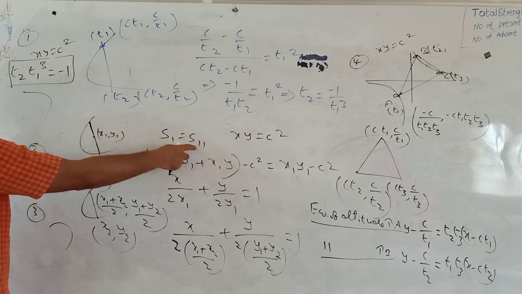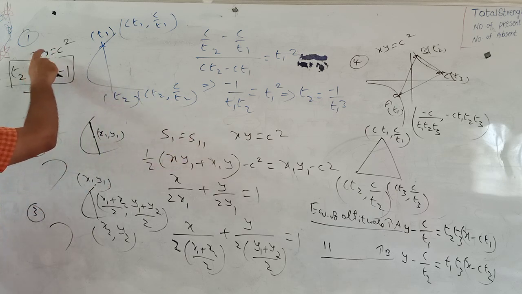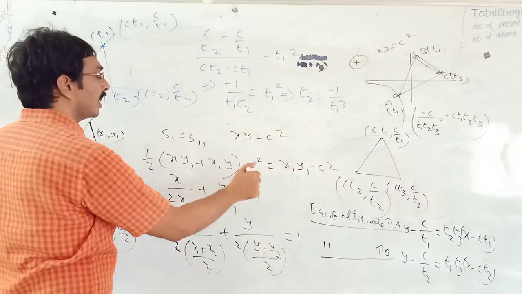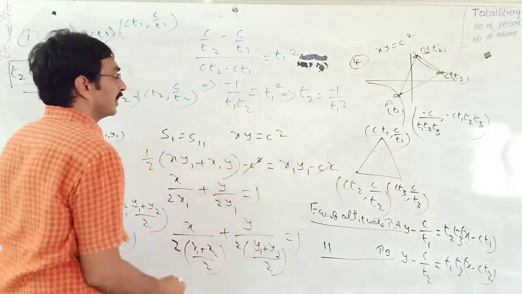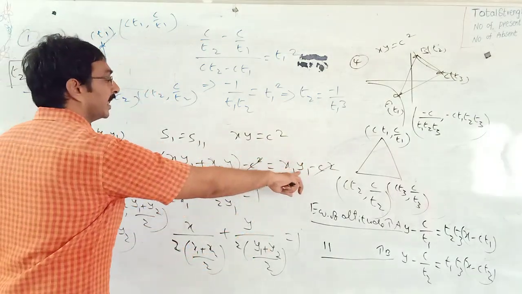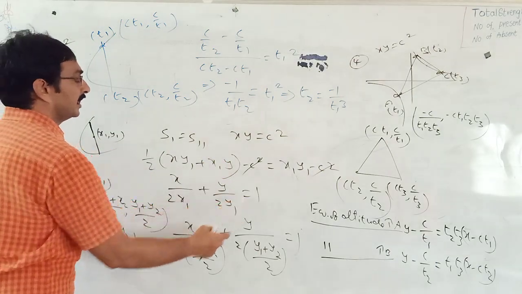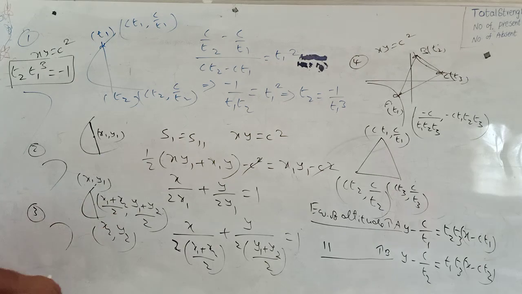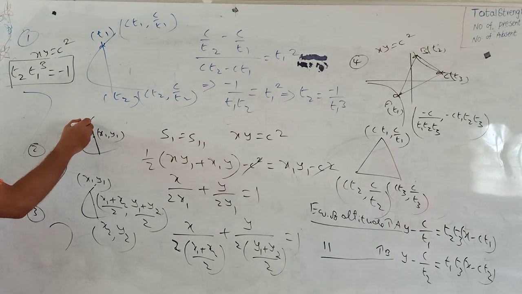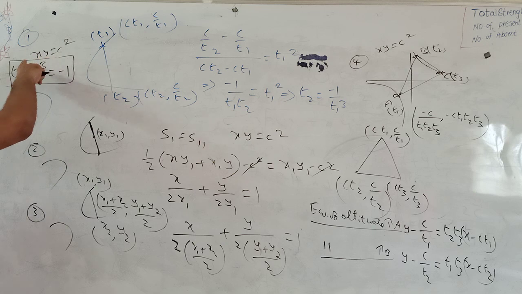That means S11 for this is x1 y1 minus c square. On both sides minus c square cancels. By dividing, we get x by 2x1 plus y by 2y1 equal to 1. Learn this by heart: the formula for the equation of the chord having midpoint x1 y1 of the rectangular hyperbola xy equal to c square.